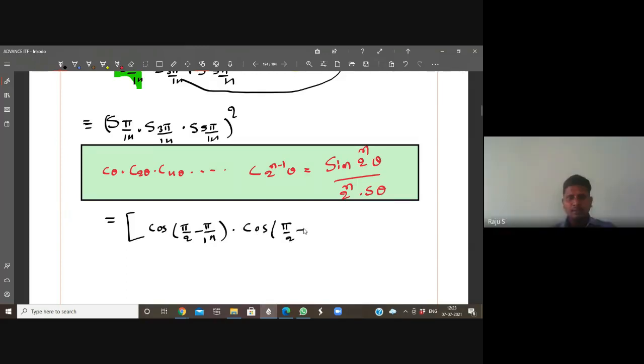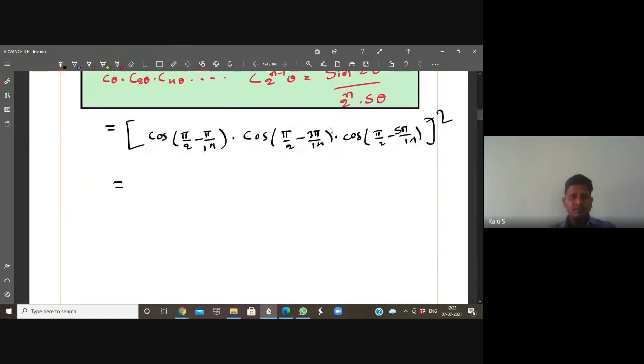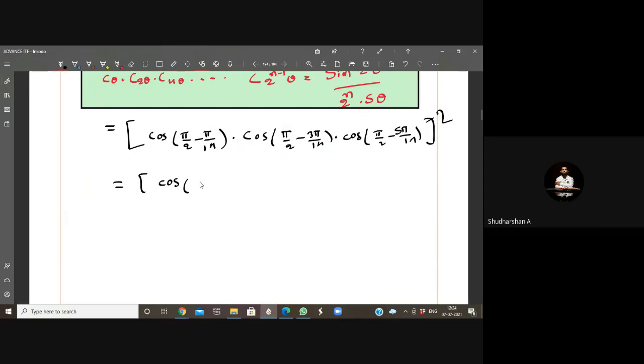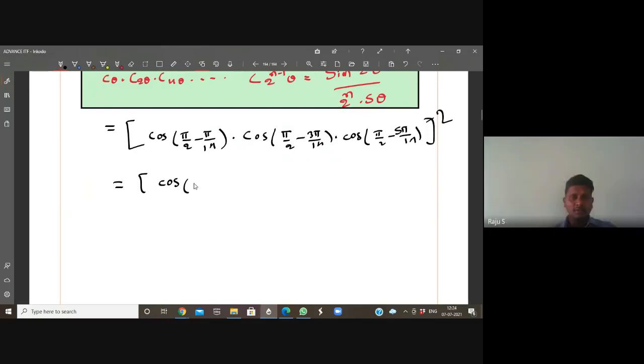Cos of 90 minus 3 pi by 14, cos of 90 minus theta, pi by 14, whole square. Simplify this, all of you. What about this after simplifying? Cos of pi by 2 minus pi by 14 value, 6 pi by 14, sir. That is nothing but 3 pi by 7.